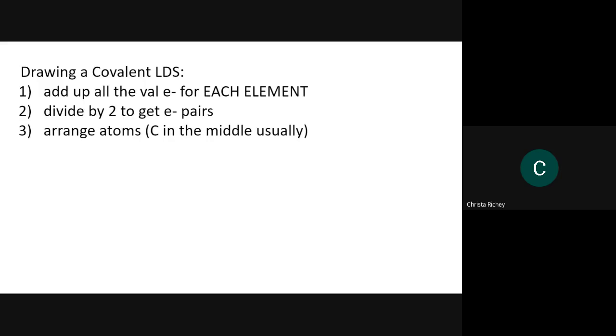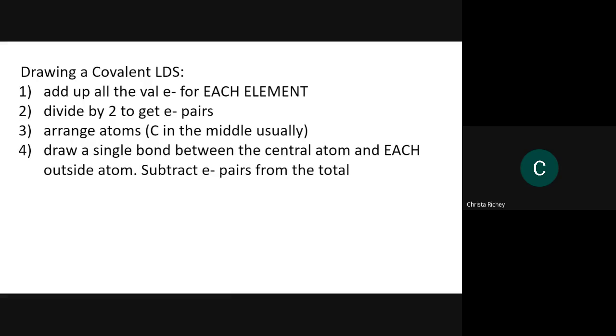You arrange your atoms. If there's an element that's by itself or if it's carbon, it almost always goes in the center. Then the duplicate atoms or the non-carbon things, depending on what we're building, go around it. You're going to draw a single bond, one line, between the central atom and any atom that goes around it.